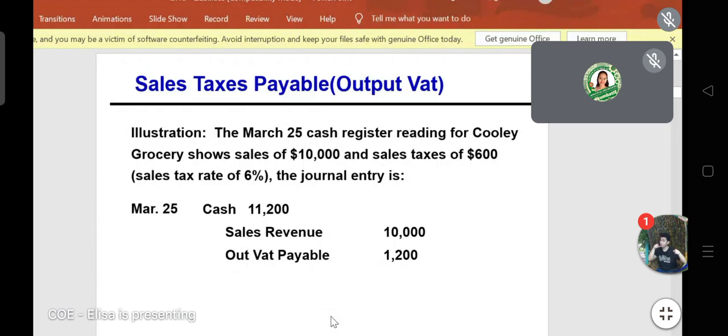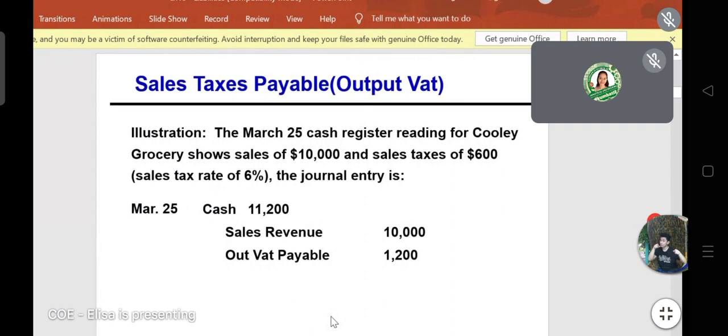You might be asked about the implications of output VAT or input VAT. But normally, to simplify things, we only recognize sales revenue so the consideration of output and input VAT goes away. But you need to understand this.